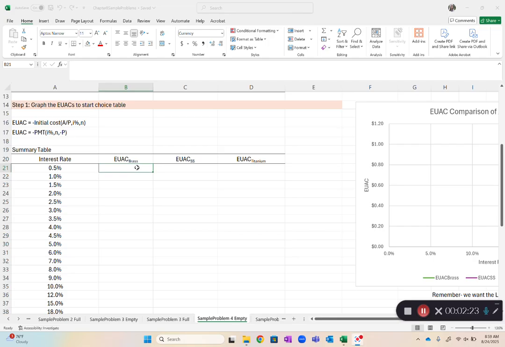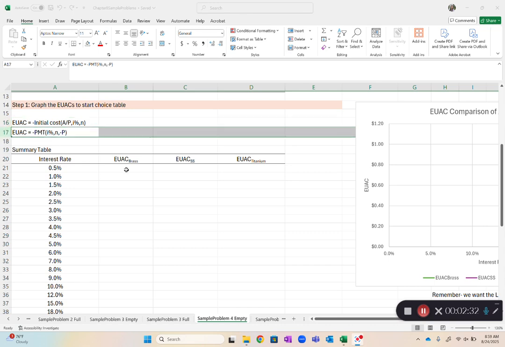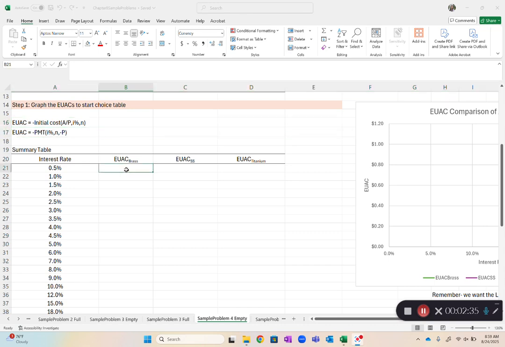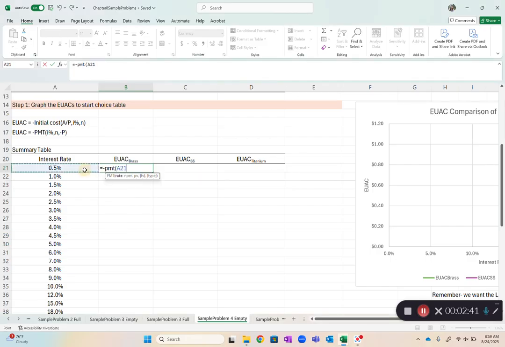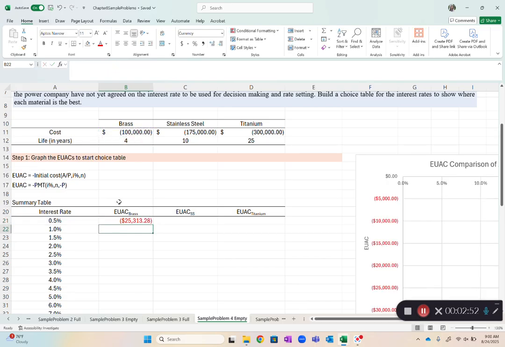Okay, so to get my equivalent uniform annual cost for my brass, you'll notice I up here did my factor formula, and then here I'm doing just my Excel formula. So it's going to be a negative PMT formula with my interest rate, and then my design life, and then my cost. Since the cost is a negative value, I'm going to leave it in here.